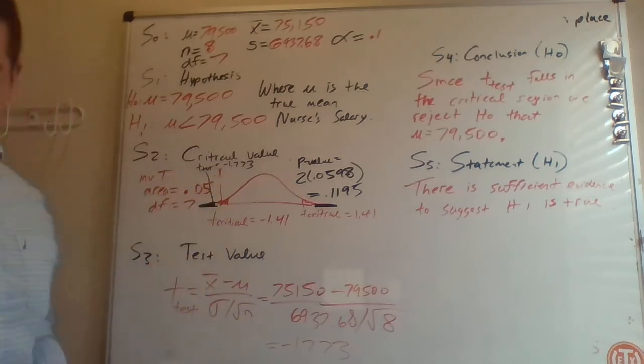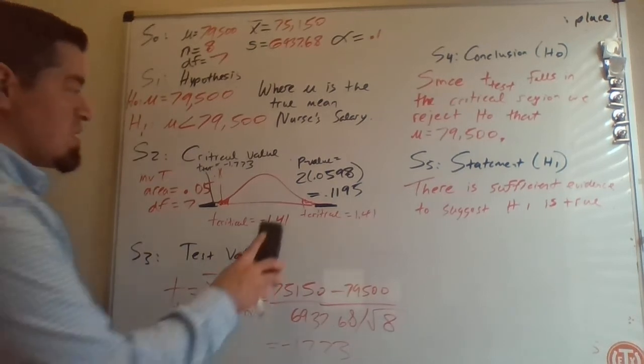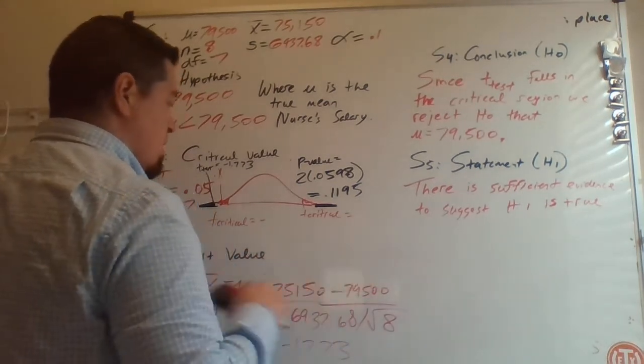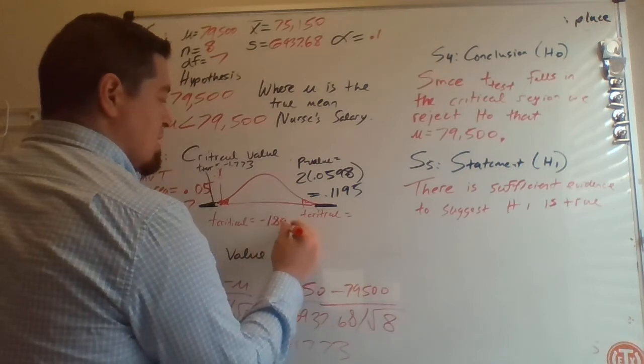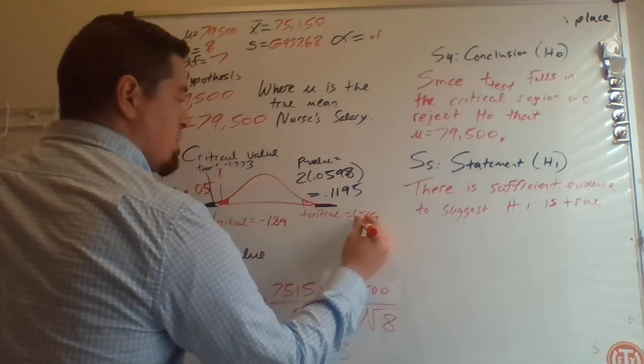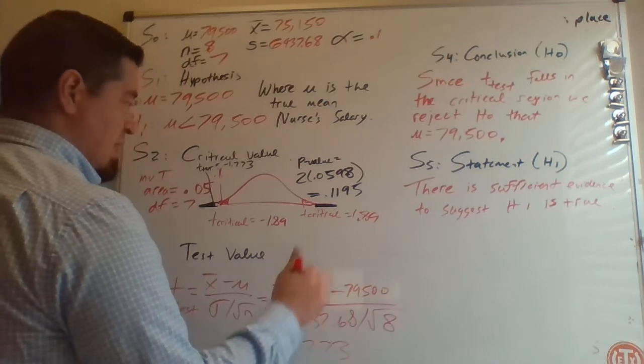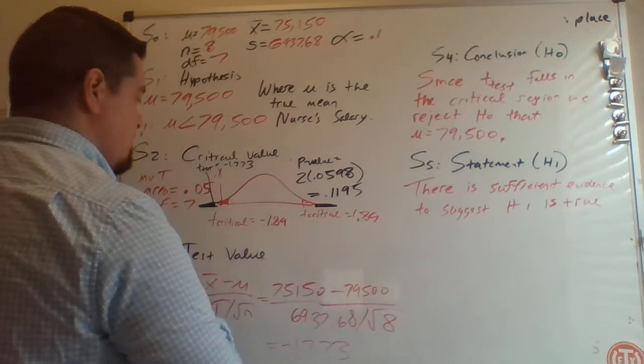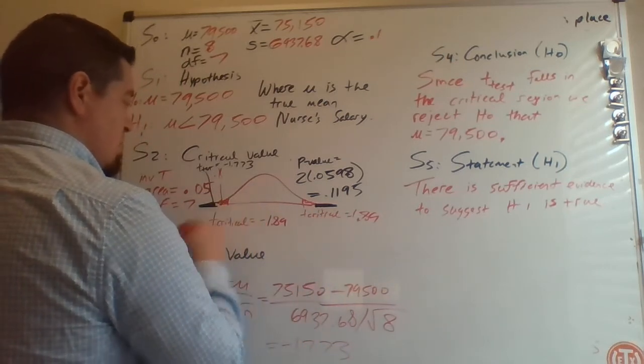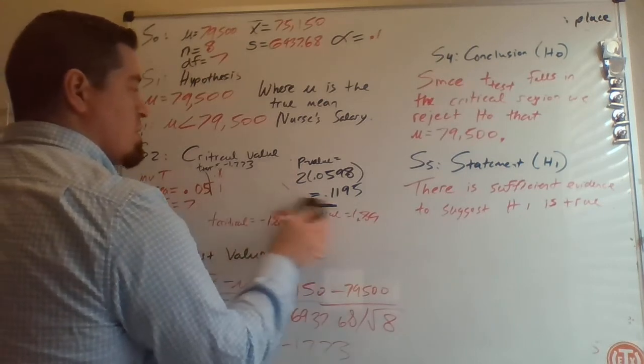So this is what you should have done, inverse t. That's really the only correction, and if you do that, you end up with negative 1.89, which changes t critical to 1.89, and nothing else really changes other than your t-test. Now, let me just redraw this picture.